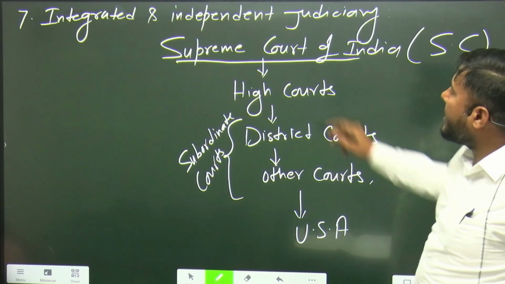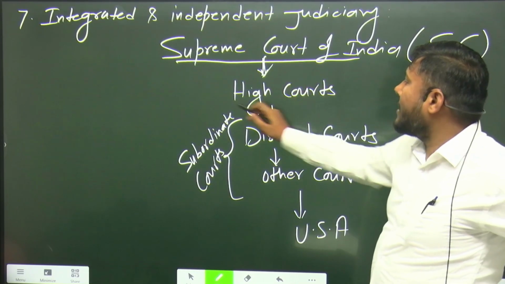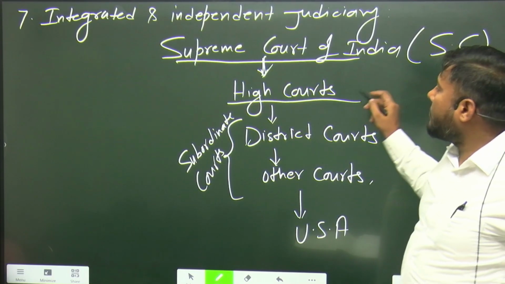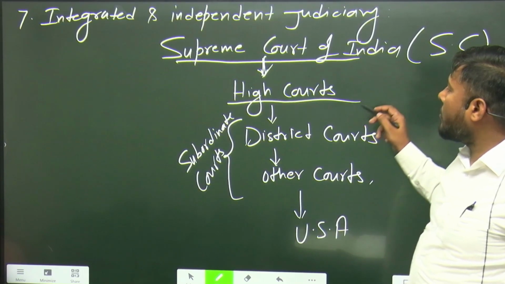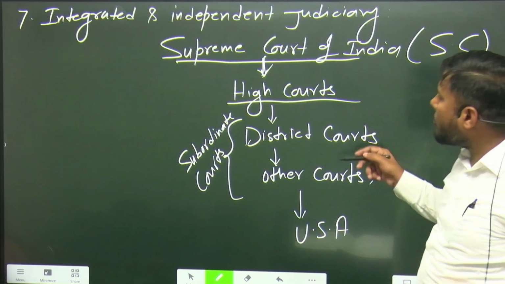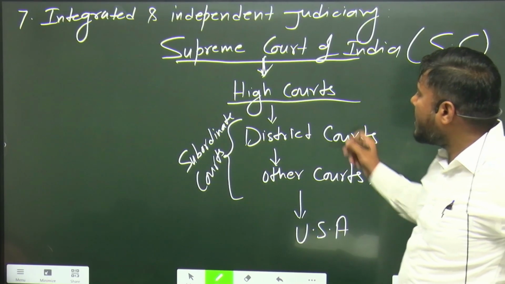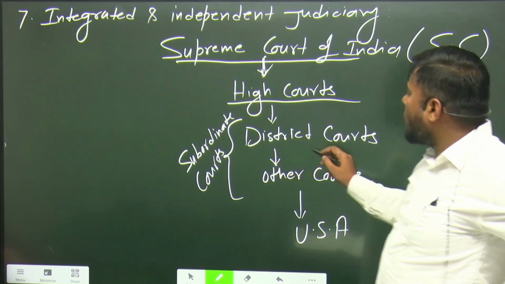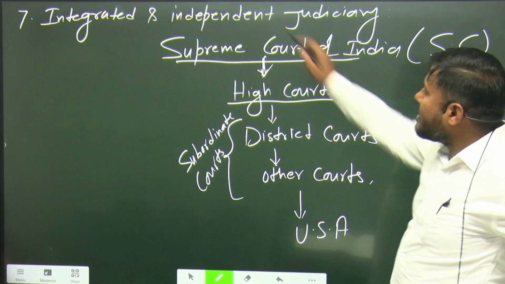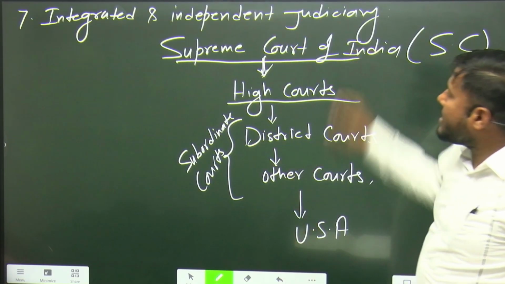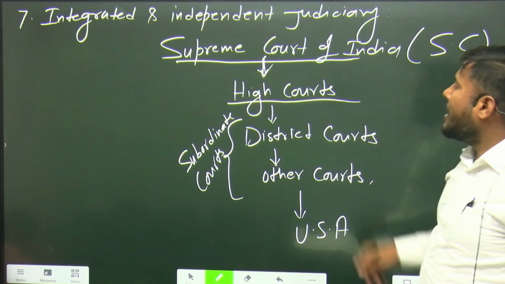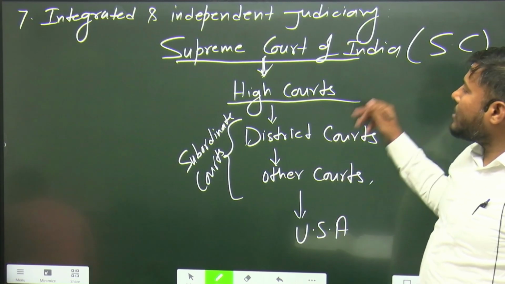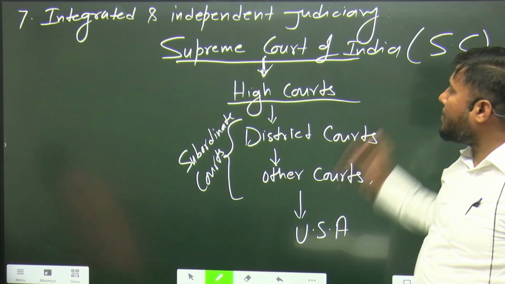Supreme Court of India. And below it there are high courts, one for each state, or one common high court for two or more states, and then district courts and other courts. This is the proper judiciary hierarchy of our country. It is integrated. There is no demarcation, there is no separation.